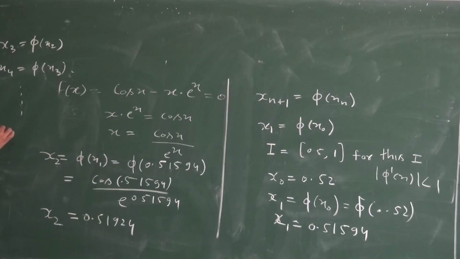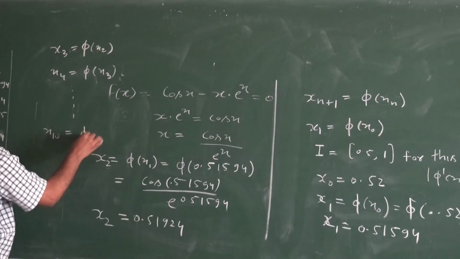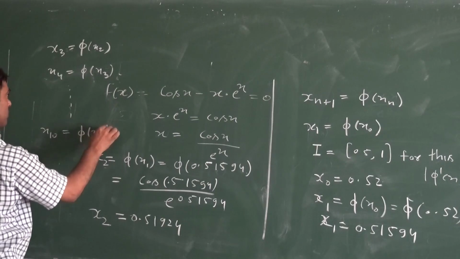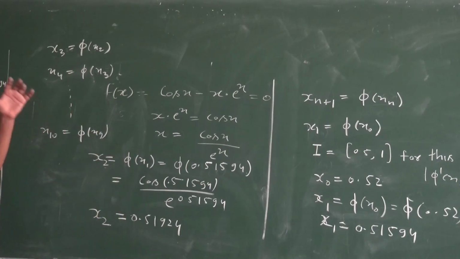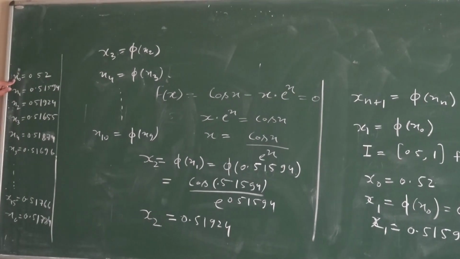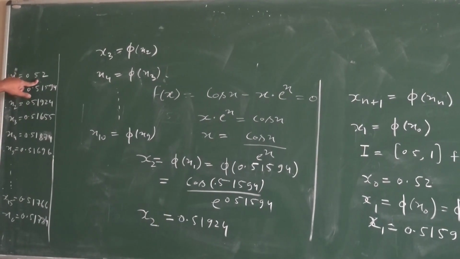Means x10 equals φ(x9). Here we have already noted down the values of x3, x4 and so on. This was x0, we chose 0.52.